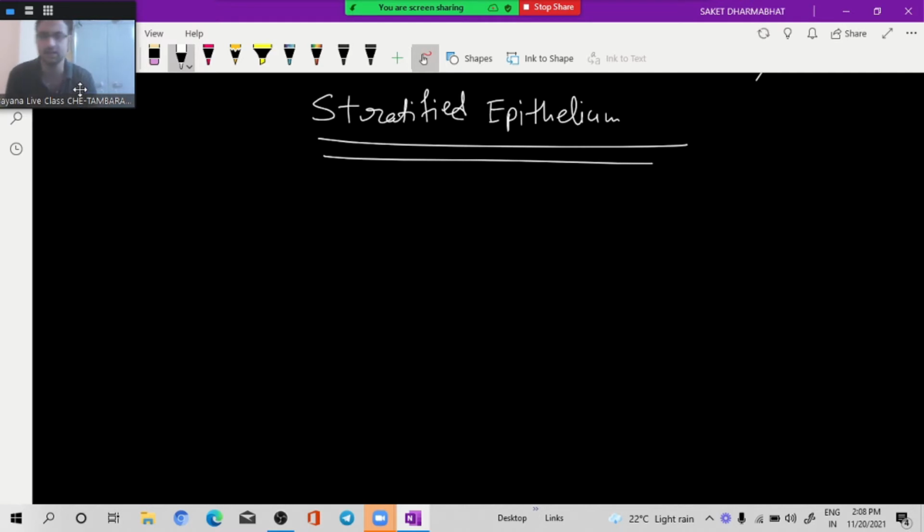Both are multi-layered, not made up of one layer of cells. The only difference is that there is no basement membrane below the transitional epithelium. Hence, the stretchability of transitional epithelium is more as compared to stratified epithelium.